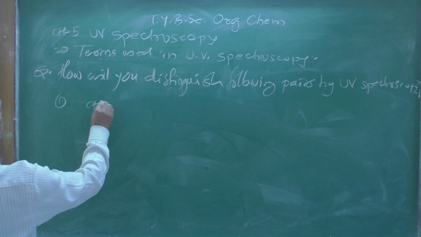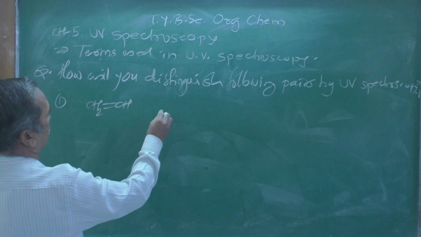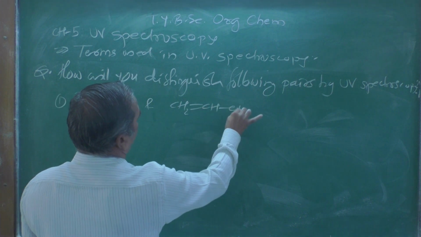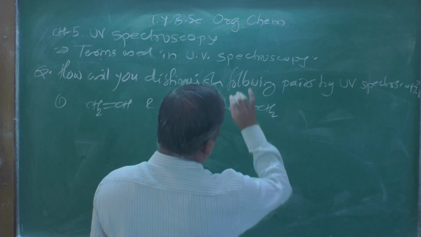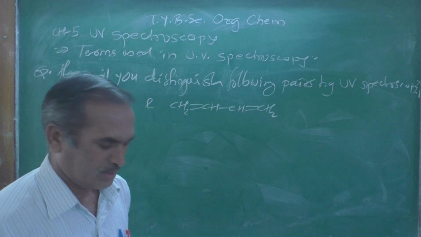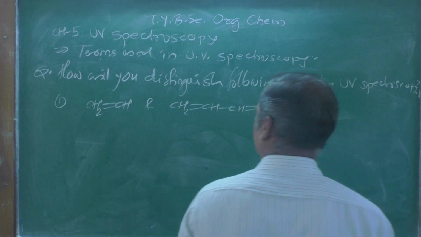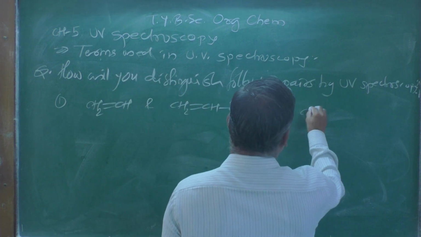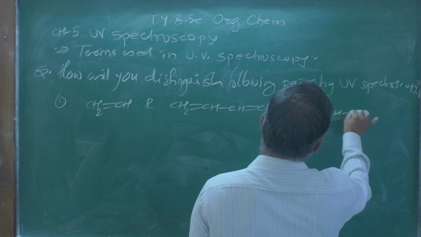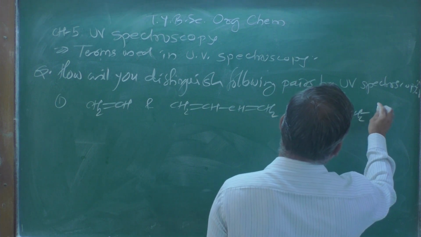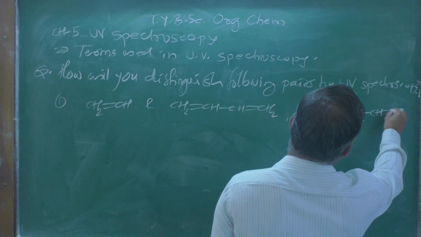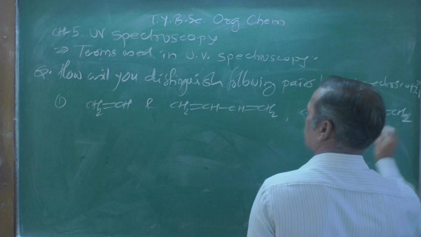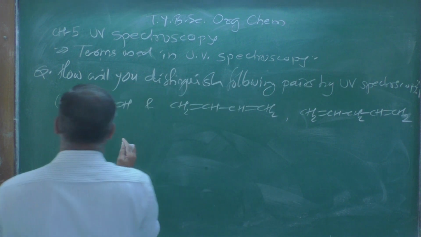One, suppose, is CH2=CH2, and CH2=CH-CH=CH2, or it may be like this: CH2=CH-CH2-CH=CH2. The first is known as ethylene, as we know.